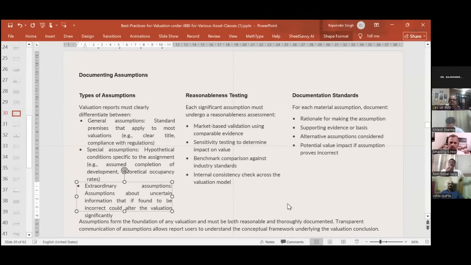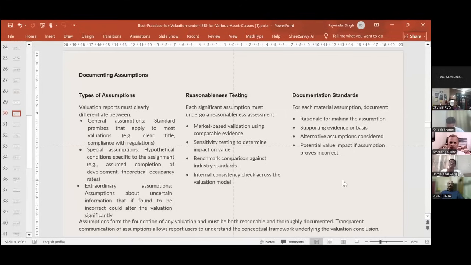So as a valuer, you must have knowledge about the types of assumptions, the differences between them, and how you can overcome the limitations arising from these assumptions. Now we will discuss reasonable testing: each significant assumption must undergo reasonable assessment.